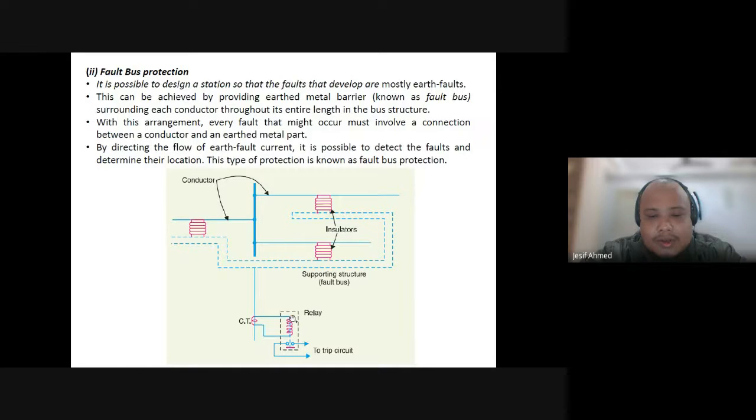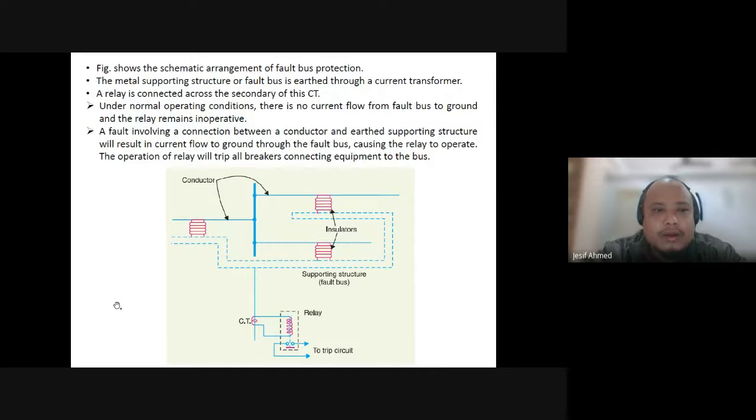And once the relay is active, meaning if the current from the CT secondary is greater than or equal to the pickup value of the relay, this will give trip command to the circuit breaker, and the circuit breaker will completely isolate this bus bar from both sides. Okay, that's all for the bus bar protection.